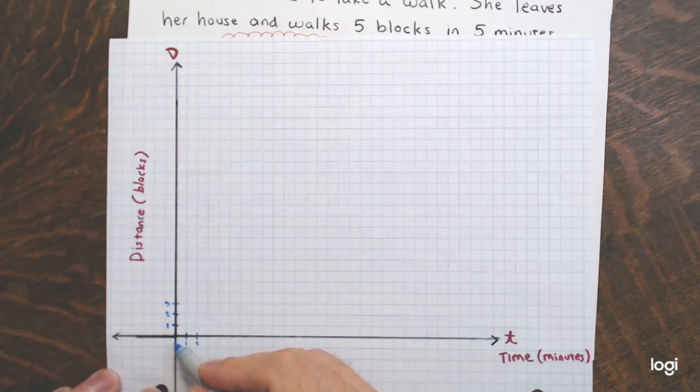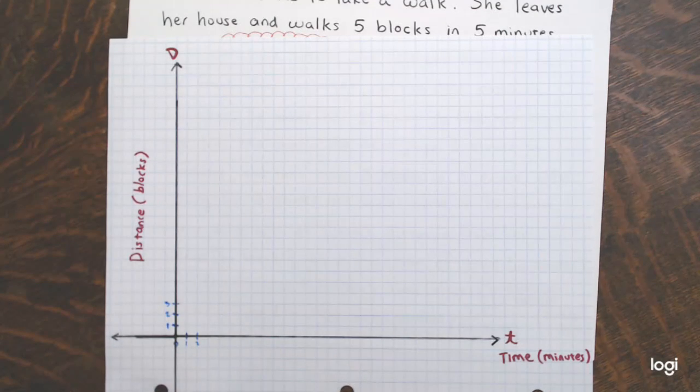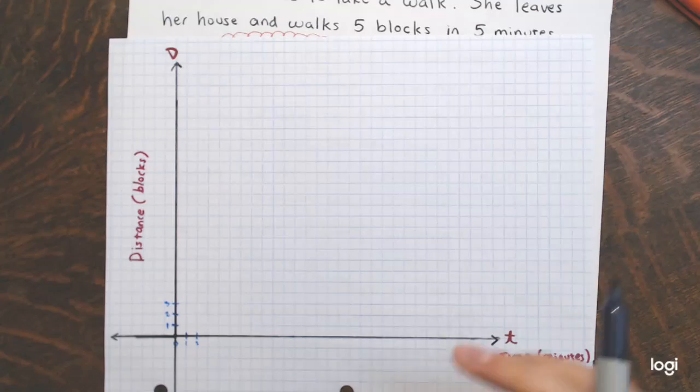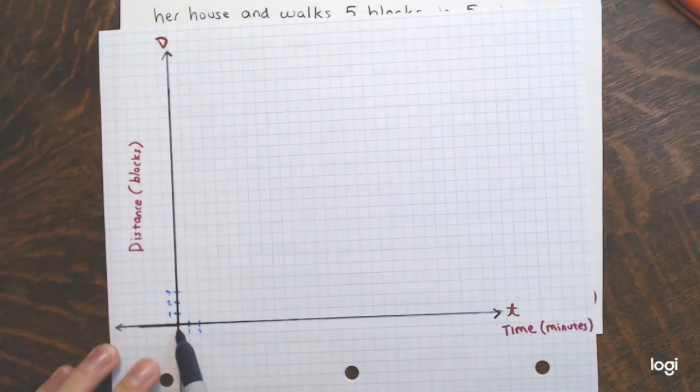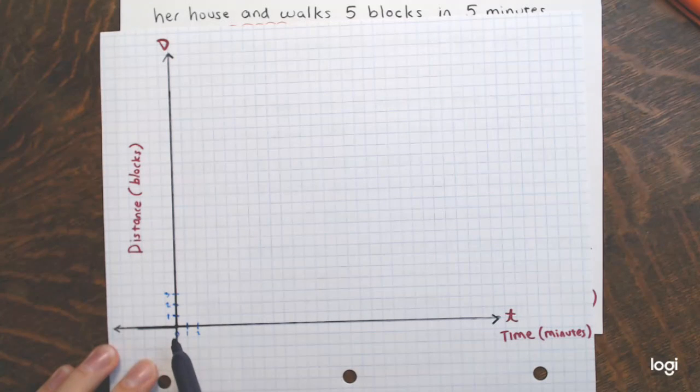So when I start this graph, I'll plot some key points as we go through, and then we'll connect the graph at the very end. All right, so at the start of this walk, when she begins, no time has passed. So we're at time 0 minutes at the beginning of the walk, and she hasn't gone anywhere.